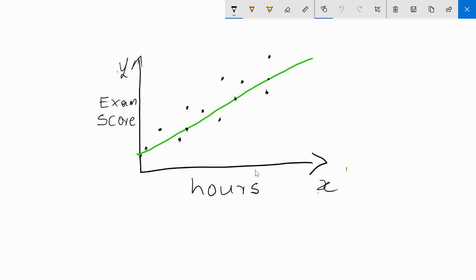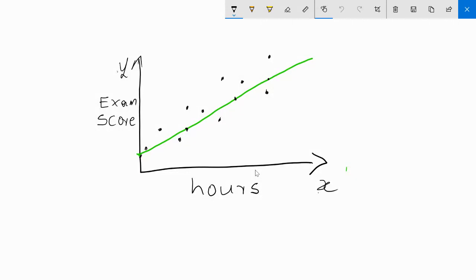So the exam score is on the y-axis and the hours are on the x-axis, because the hours are the independent variable. So we have the scatter plot there and the fitted regression line here.